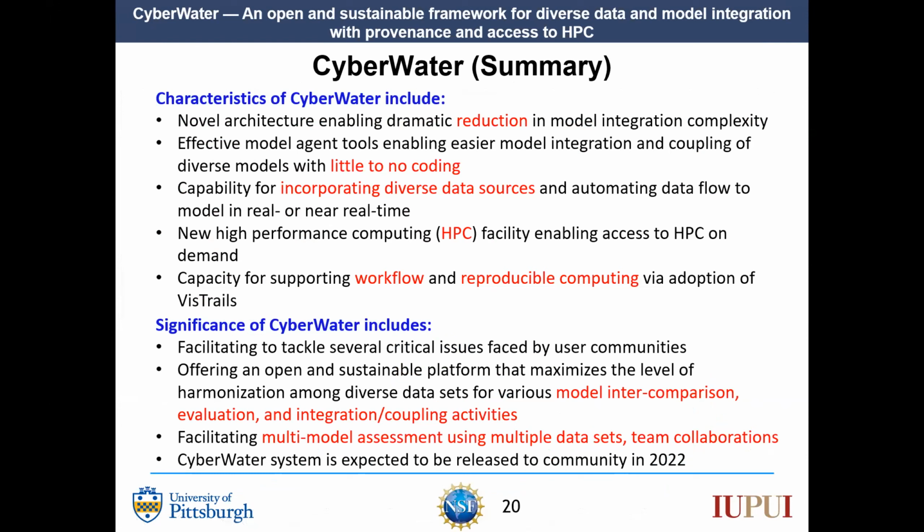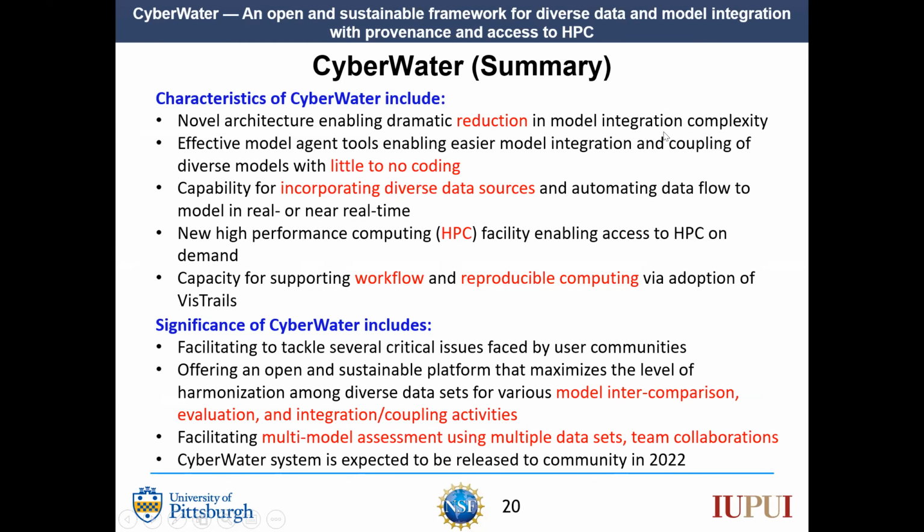Okay, so with all those examples, in summary, CyberWater has some unique characteristics, and they include, first, its novel architecture enables a dramatic reduction in model integration complexity. CyberWater has a linear model integration complexity, as opposed to a quadratic model integration complexity compared to those pairwise model integration systems.